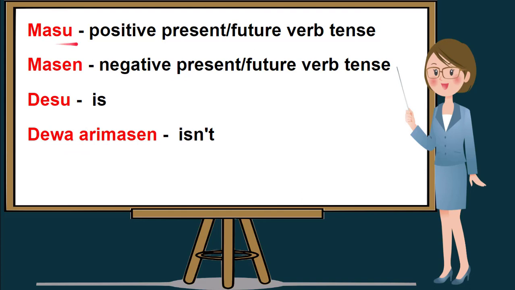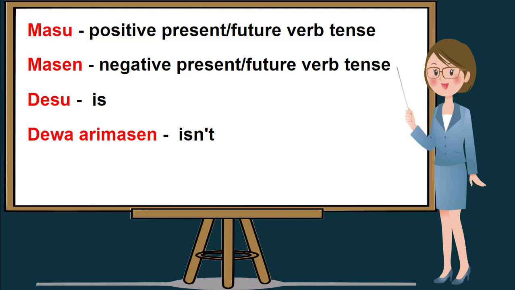For mas, it is a positive present or future verb tense, and masen is a negative present or future verb tense. We've also learned in the previous lesson that des means is and dewa arimasen means isn't or is not.